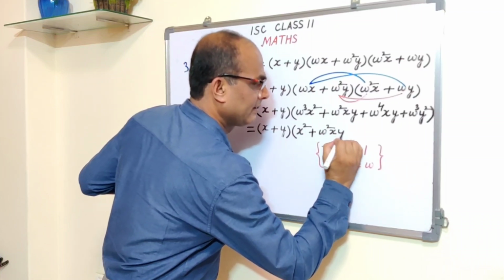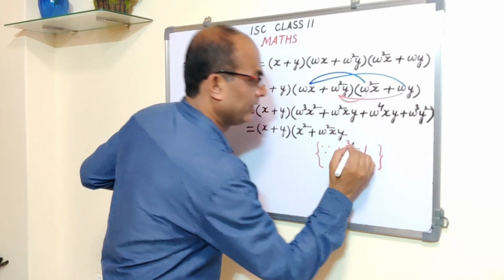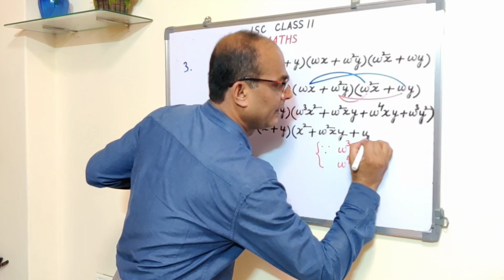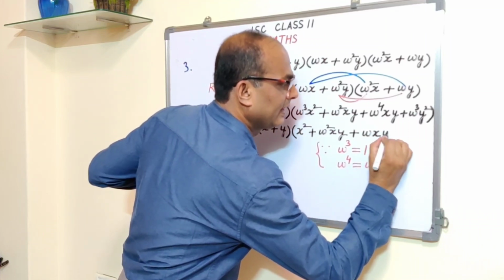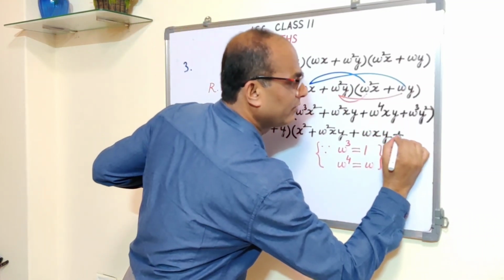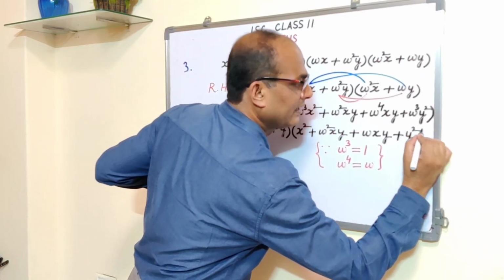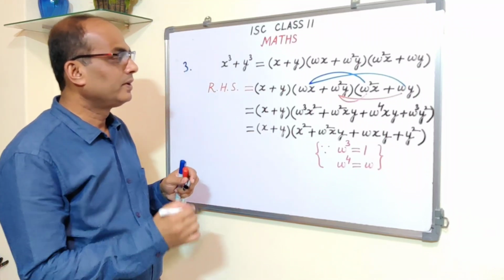Fine. And omega 4 is omega, so you write omega xy plus omega xy, and here omega cube is 1, so plus y square, bracket close. Is that fine?